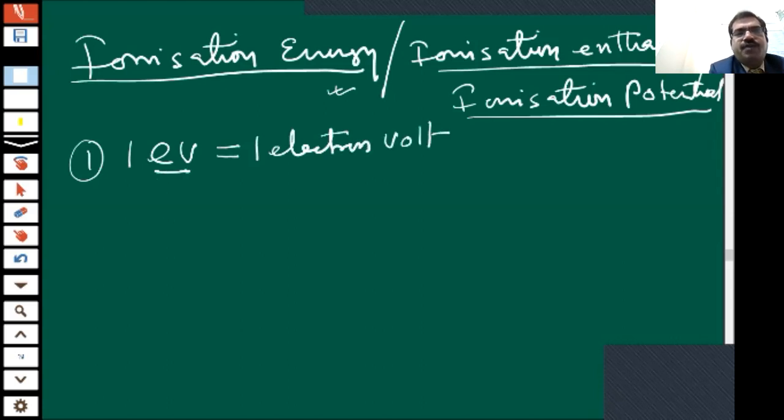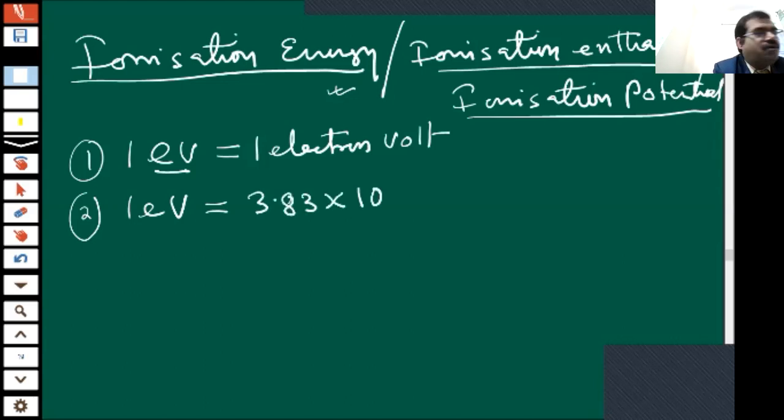You have to write eV and you have to speak out electron volt. Next, 1 electron volt is equal to 3.83 into 10 to the power minus 20 calorie per atom. Okay, per atom. You have to remember it.